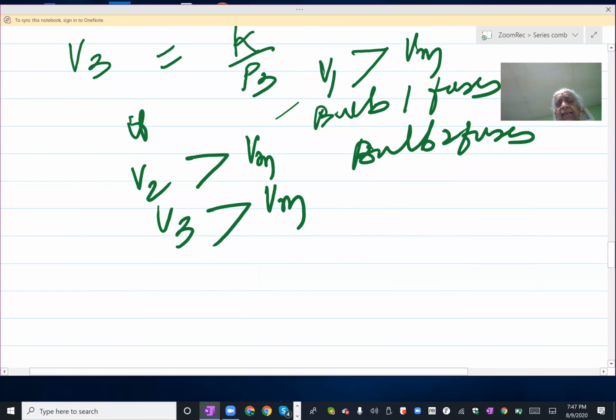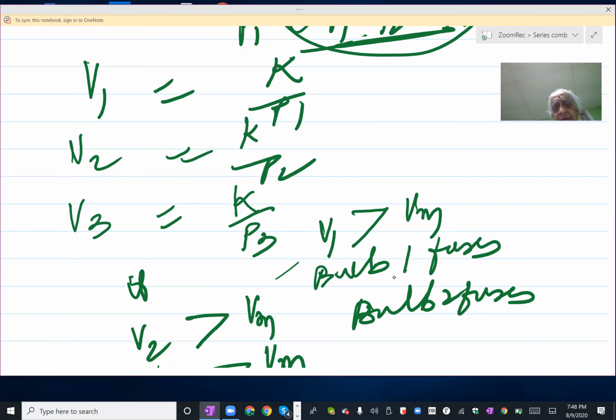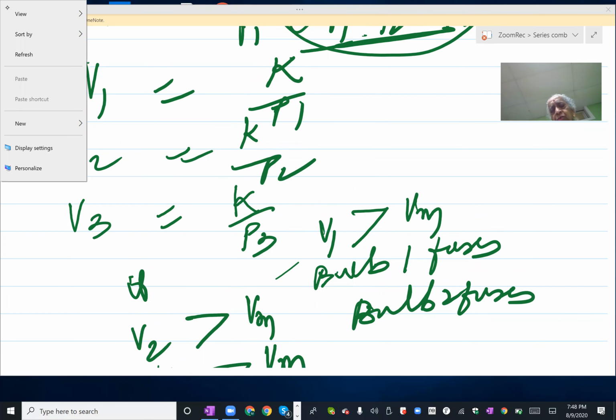Now you can see, because the power is coming in the denominator, the least powered bulb only will give the greatest value of V1. So you have to calculate for the least of them and find out what that V1 is. Then in that case, you say bulb 1 will fuse. The others, being greater in power, have a chance that they may survive.